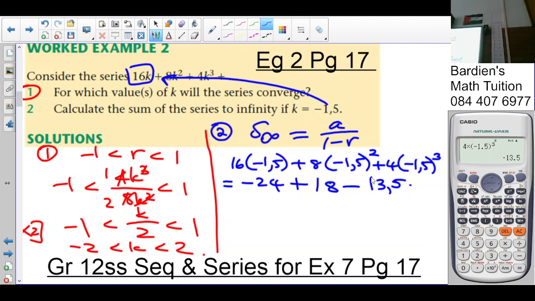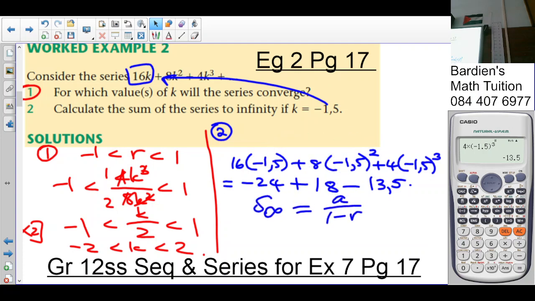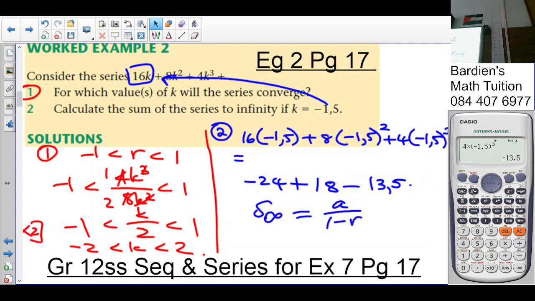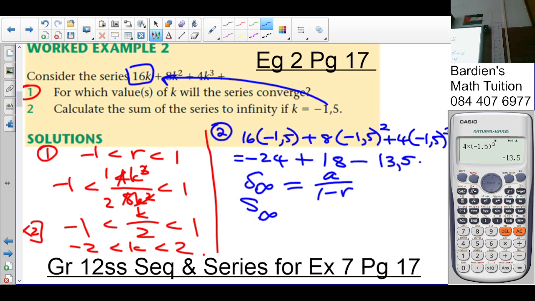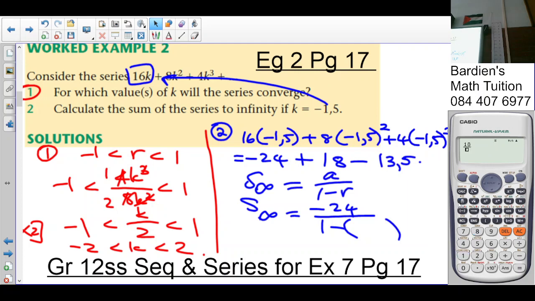So to calculate the sum to infinity, of course it's going to be this here. The sum to infinity is equal to, what's your a value? Negative 24 over 1 minus your r value. Because it's negative, I'm going to put it in a bracket, which is 18 over negative 24.